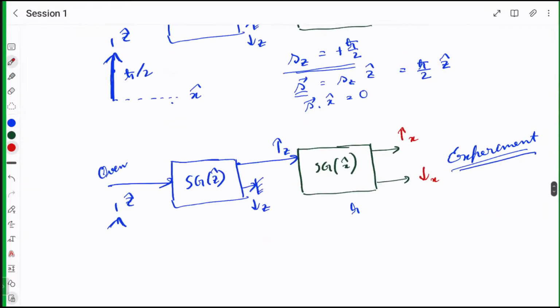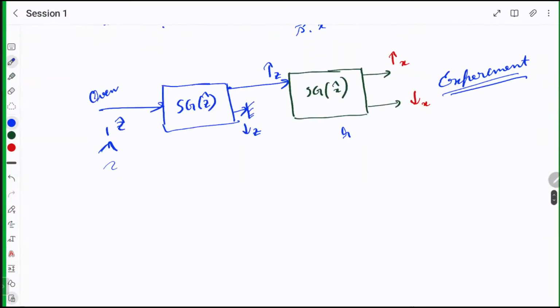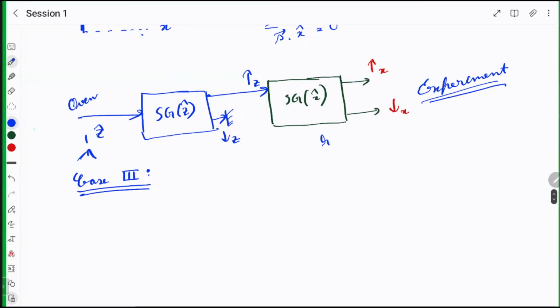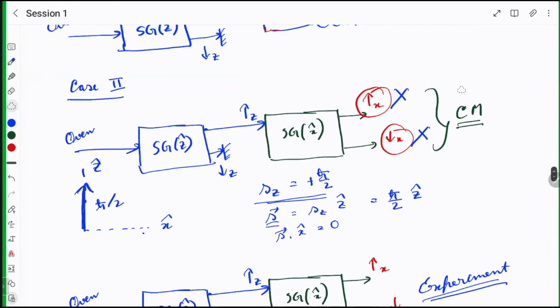Okay, so now moving on to another case, which we will call case 3 here. Let's just copy this part.